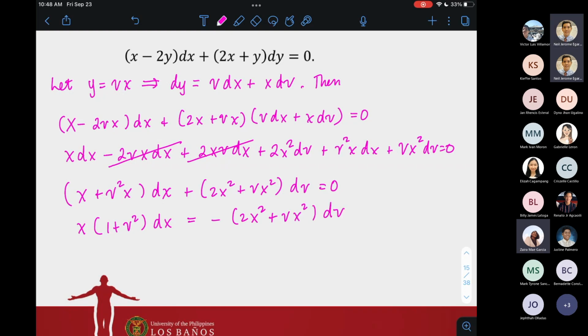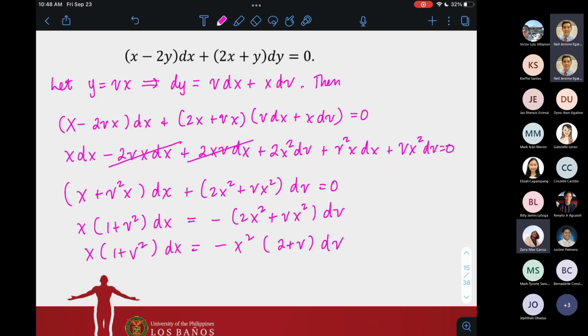Right? Tapos, pwede ako mag-factor dito ng x squared. So I'll have a negative x squared. Tama ba? Negative x squared times 2 plus v dv. Double check. Negative, okay. Negative x squared. Everything's good? Sabihan nyo lang pag may na-miss ako, lalo na na-sign.